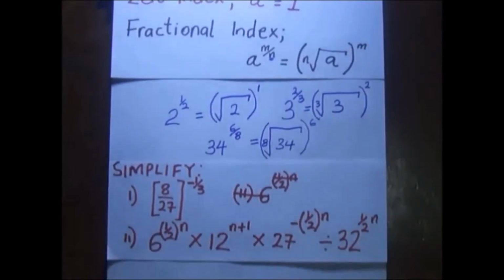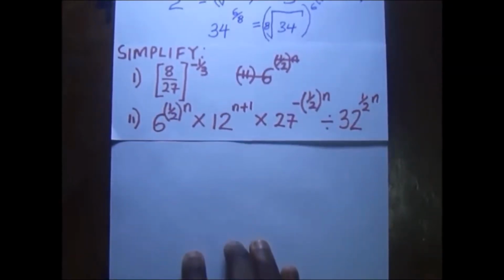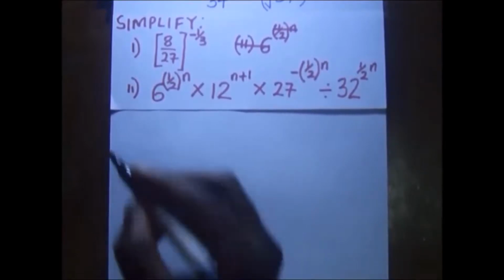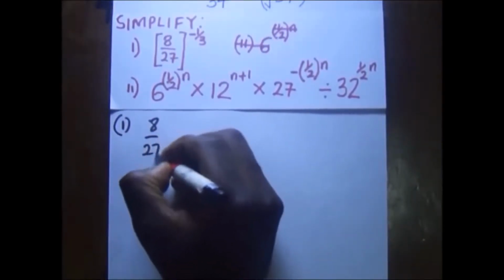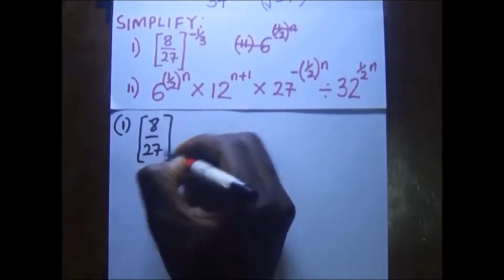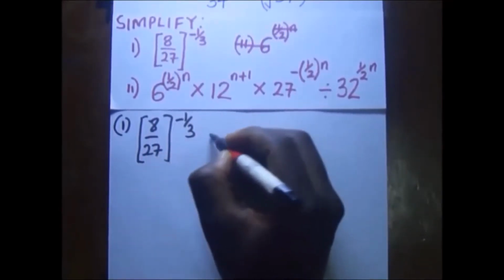Our first example: simplify (8 over 27) all to the power negative a third.